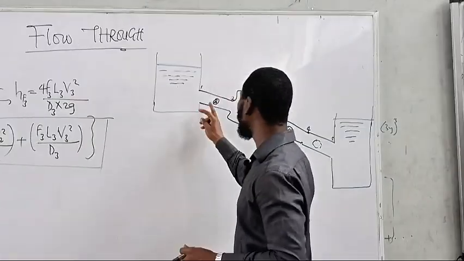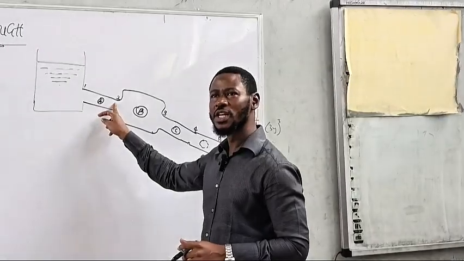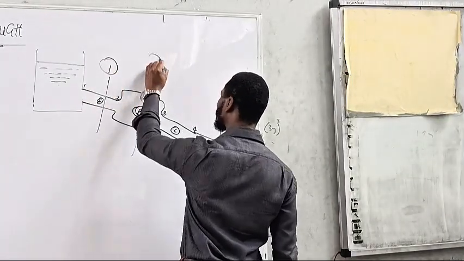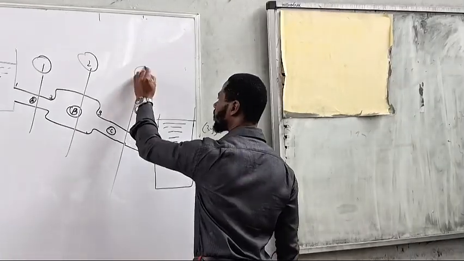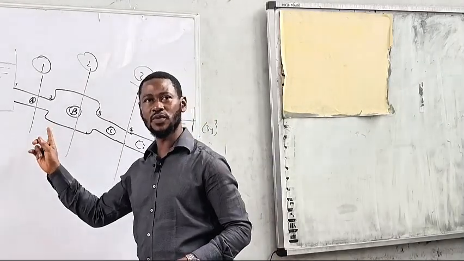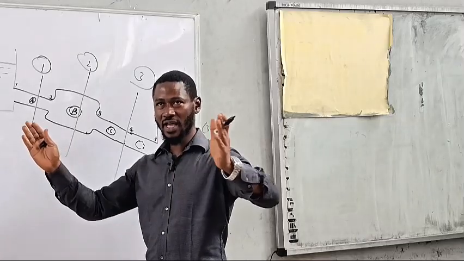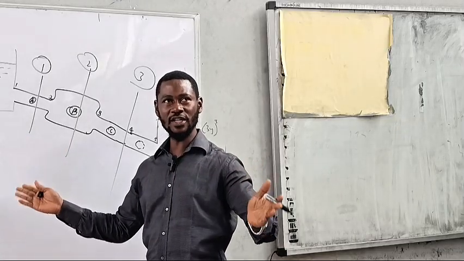So what now happens as the water is leaving pipe 1? This is pipe 1, pipe 2, pipe 3. As the water is leaving pipe 2, what happens in such a case? There is a sudden enlargement or expansion.